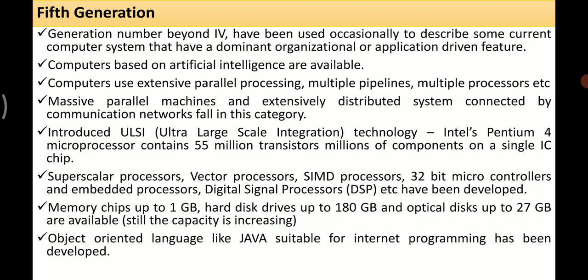The term fifth generation computers has been used occasionally to describe some of your current computer systems that have a dominant organizational or application-driven feature. Nowadays computers based on artificial intelligence are available, and computers which use extensive parallel processing, multiple pipelines, and multiple processors.